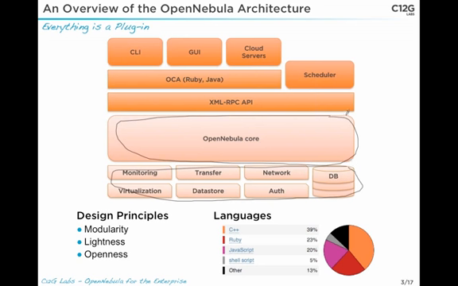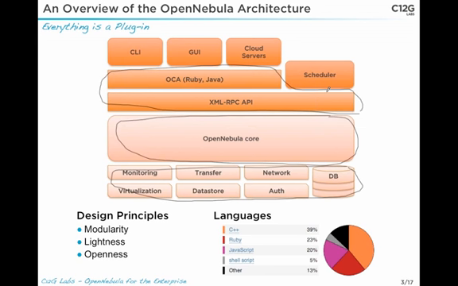I also want to highlight that OpenNebula has different ways of being accessed. It features an XML-RPC interface, which is the lowest level interface in OpenNebula. It gives the richest feature set of OpenNebula, and it can be programmed with basically any language.